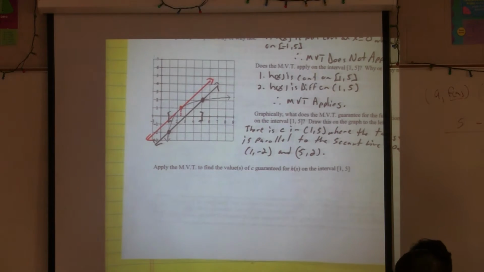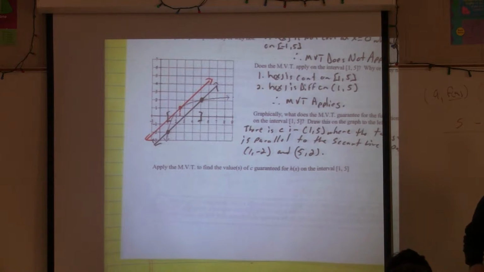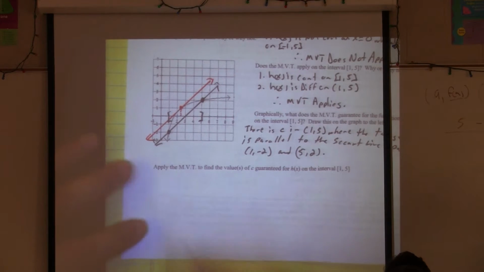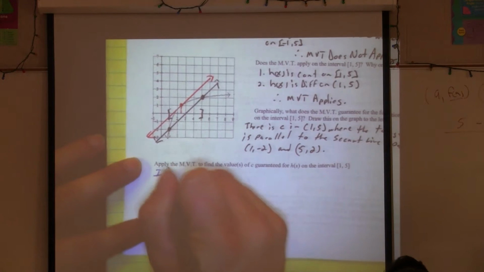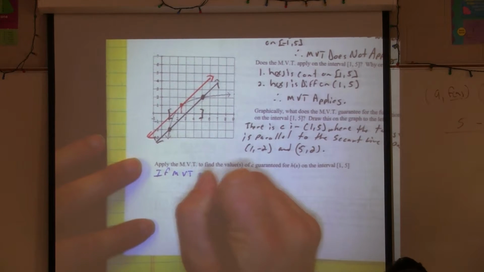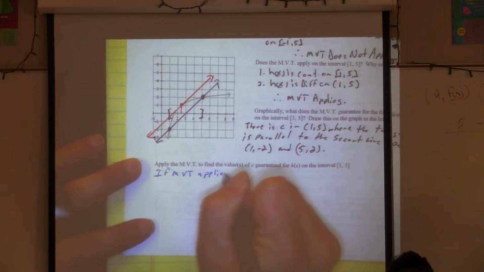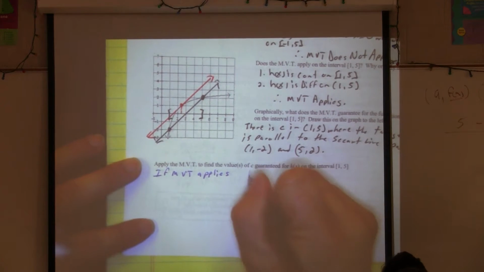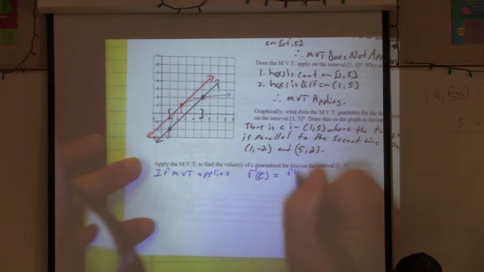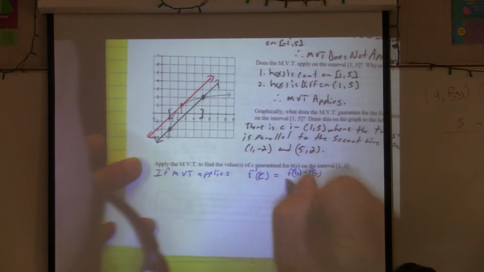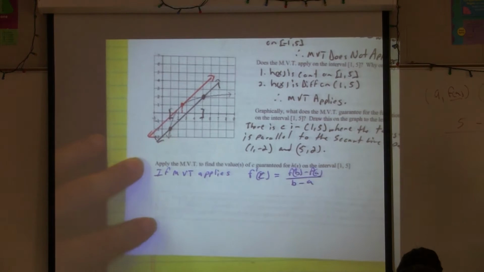So what do you want to find first? The average rate of change? Okay, so let's find the average rate of change. I'm going to write here, if MVT applies, f prime of c should equal f of b minus f of a over b minus a.